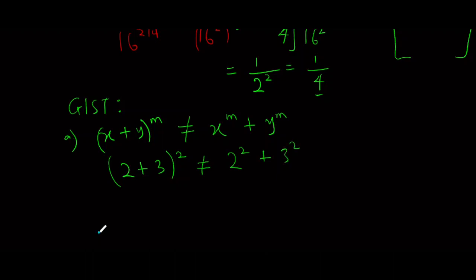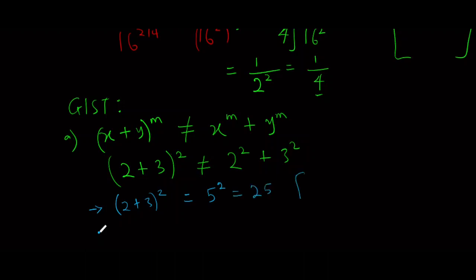Let's try to work it out. Let's start with the first step. 2 plus 3 whole square simply means 2 plus 3 will give us 5, and we have square, and 5 square will give us 25.